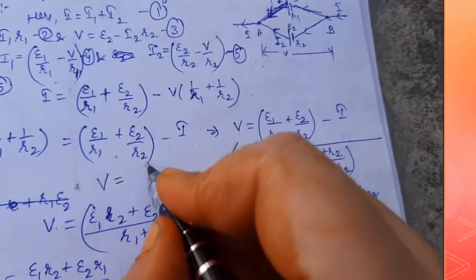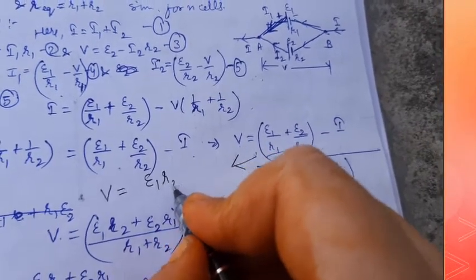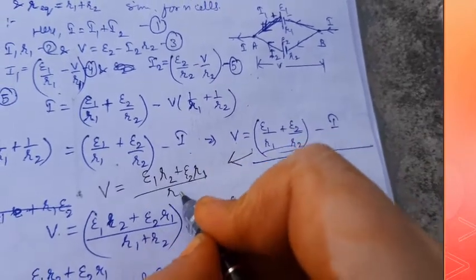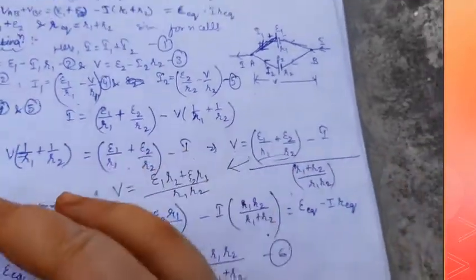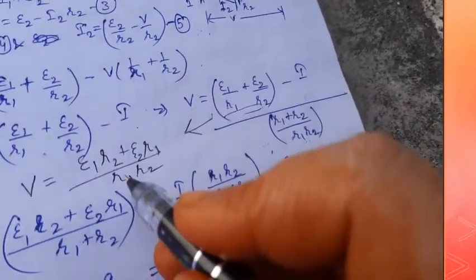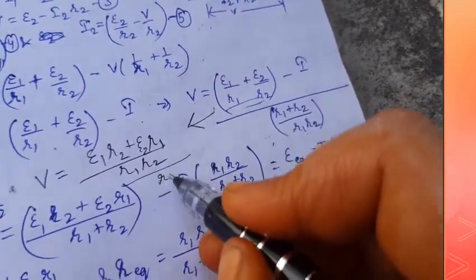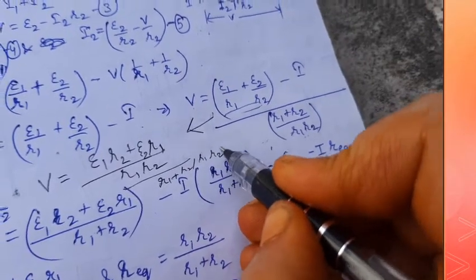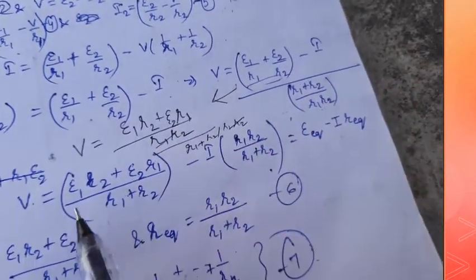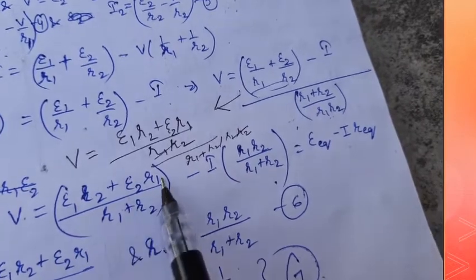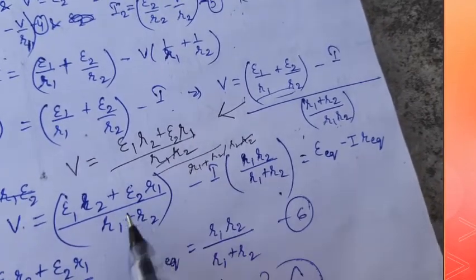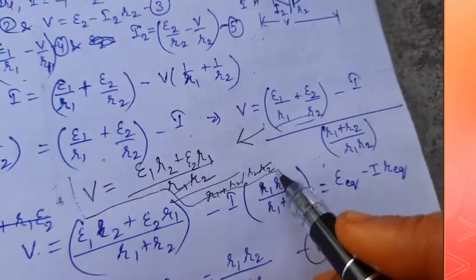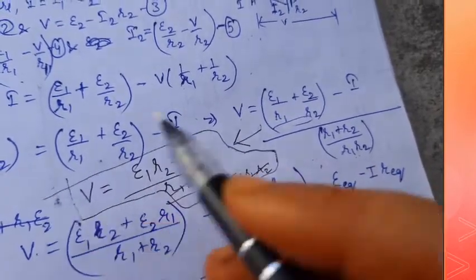V is equal to (E1 R2 plus E2 R1) upon R1 R2, divided by (R1 plus R2) upon R1 R2. So R1 R2 gets cancelled, and what remains is (E1 R2 plus E2 R1) upon (R1 plus R2). This is what we have obtained from the solution of the expression.